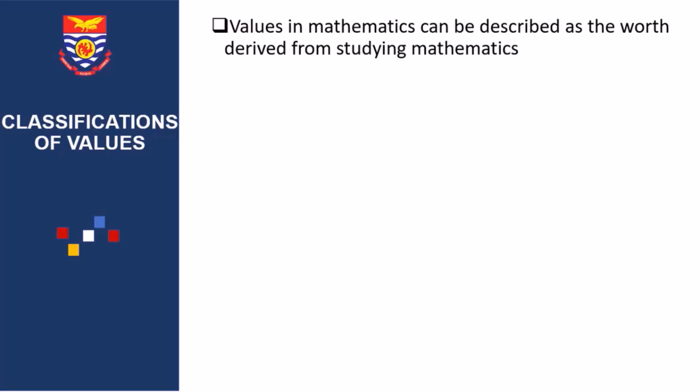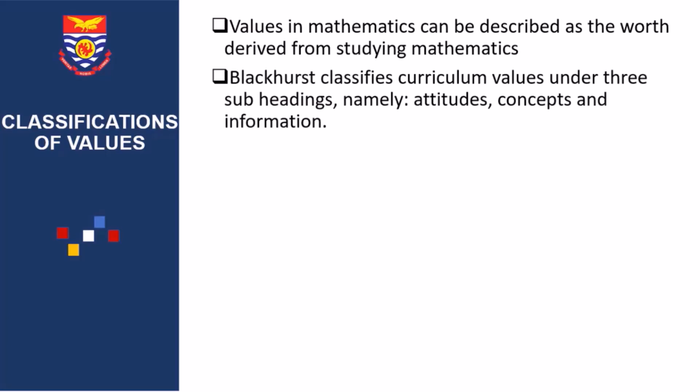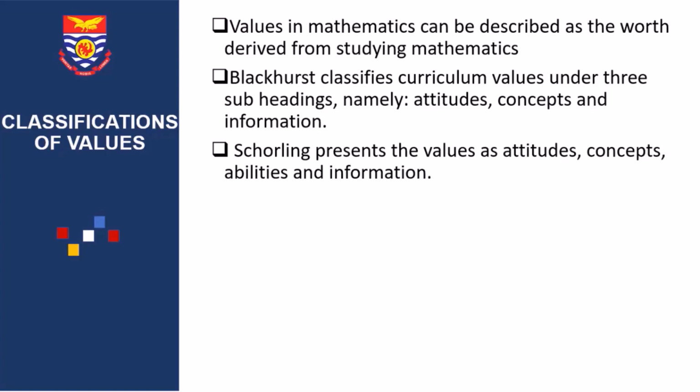Blackhurst classifies curriculum values under 3 subheadings: attitudes, concepts, and information. In the same vein, Scullin presents the values as attitudes, concepts, abilities, and information.